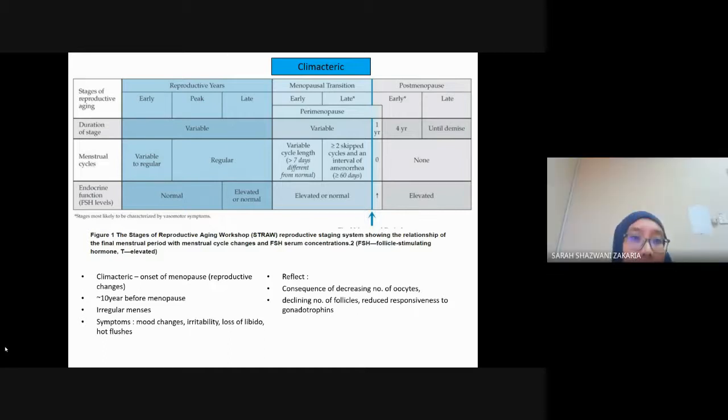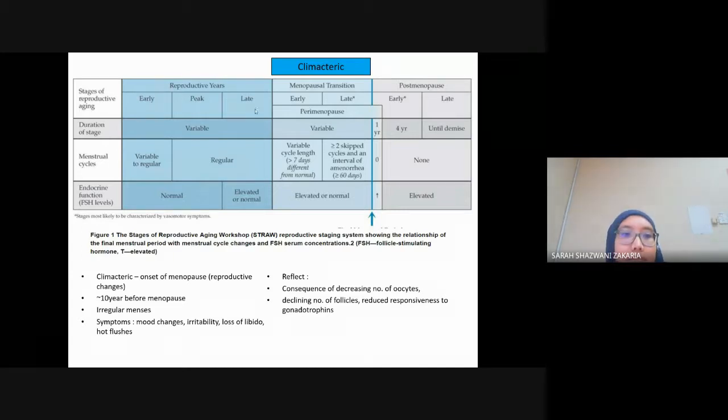On the left hand side here, reproductive years: early, peak, and late. Early, this one is puberty. And then at peak, perhaps 20 years old to 30 years old. Late is 30 and above. Yep, something like that.